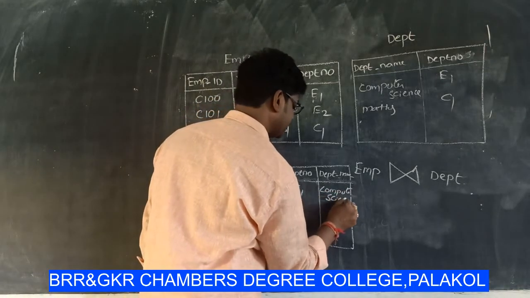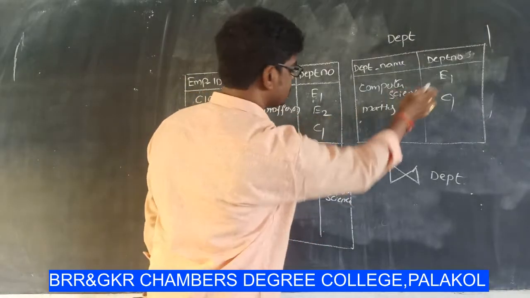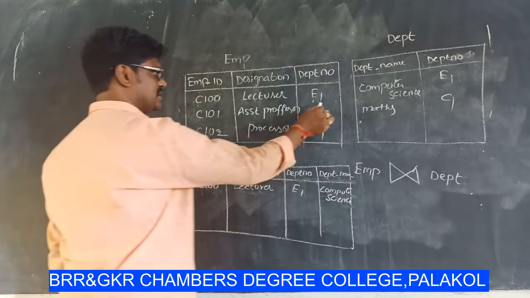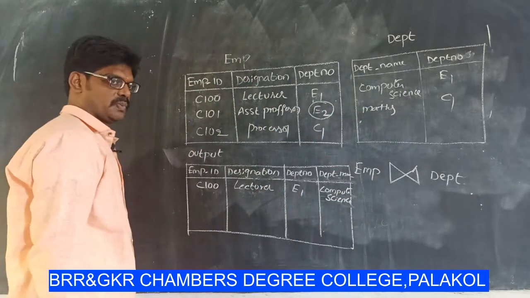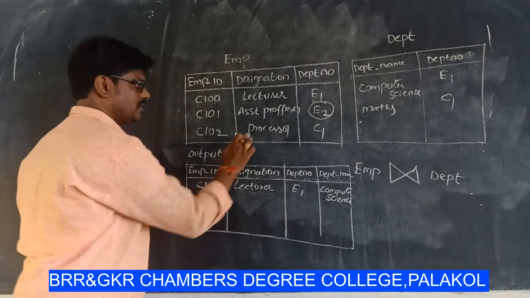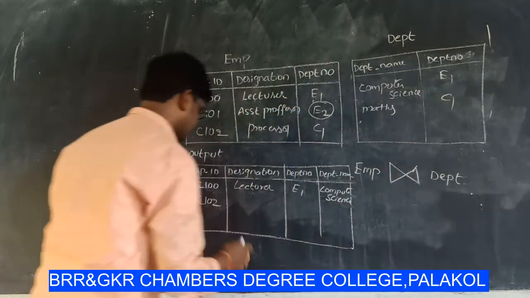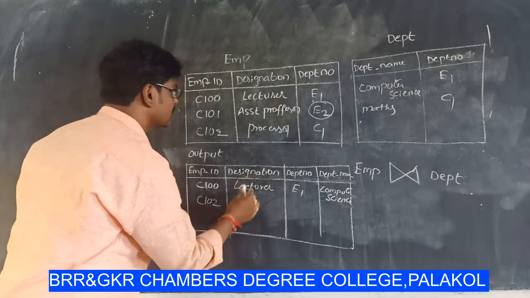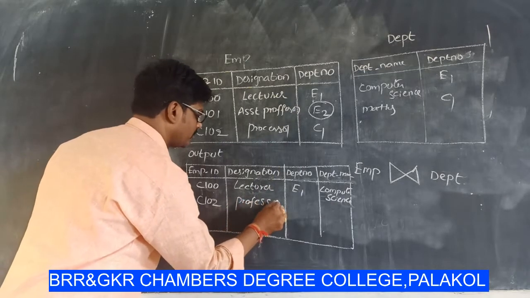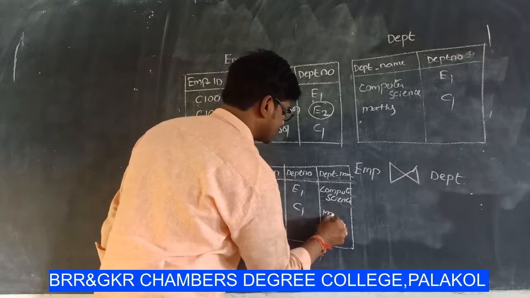Another one, E2: there is no E2 in the other relation, so this is not a matching row. Next, C102: the department code is C1, which matches, so that row is displayed: professor, C1, and the department name is maths.